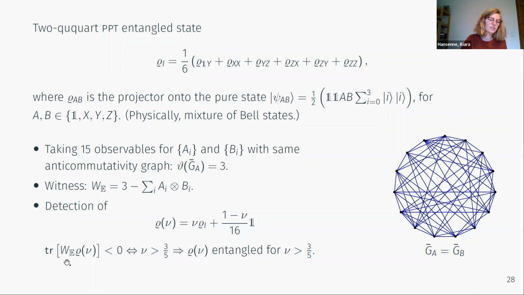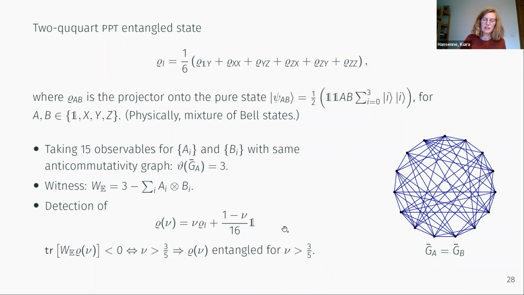Then we computed the expectation value of our newly found witness, and we checked when it was smaller than 0. And actually, for visibility larger than 3/5, we found that this is negative, meaning that this state mixed with some white noise is entangled when the visibility is higher than 3/5.